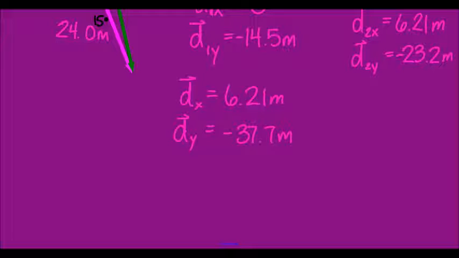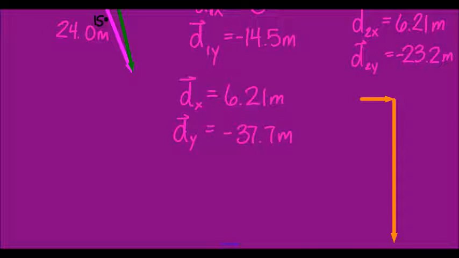Moving on to the fourth step of my process, I'm going to draw these two components. So 6.21, and it's a positive component, so it would be pointed to the right. And then negative 37.7. Negative, so it's going to be pointed downward, and it's a pretty long vector there.